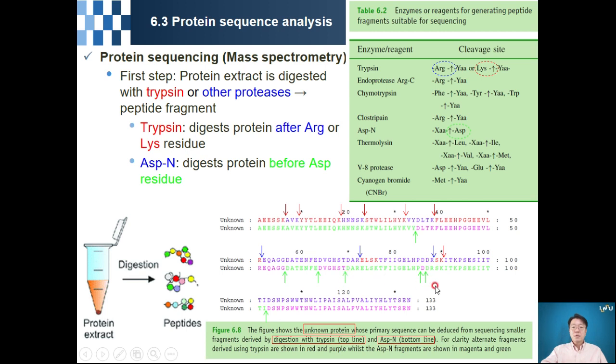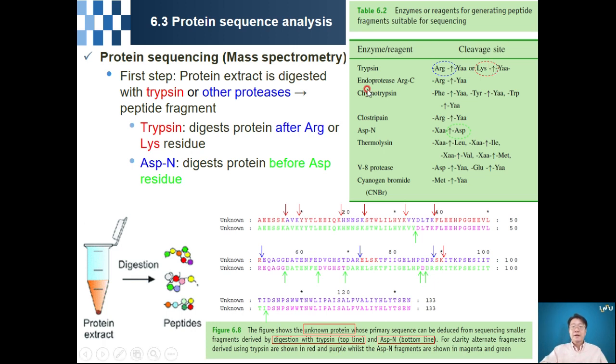So after we use Asp-N, we can get another fragment, which is composed like this. Okay. So during the first step, we usually use trypsin. Trypsin digests protein after an arginine or lysine residue.